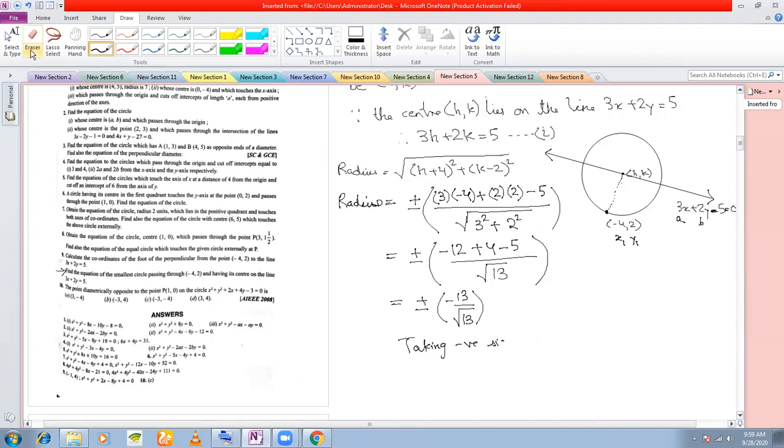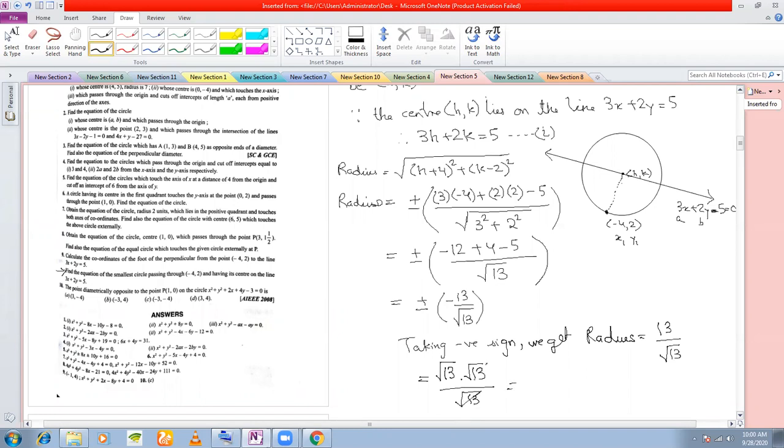Taking negative sign, we get radius equal to 13 by root 13, which can also be written as root 13 into root 13 divided by root 13.